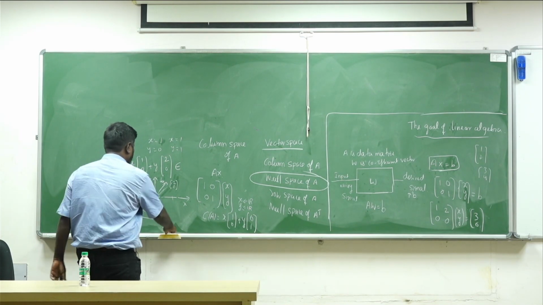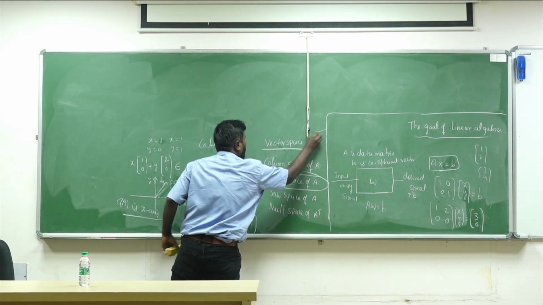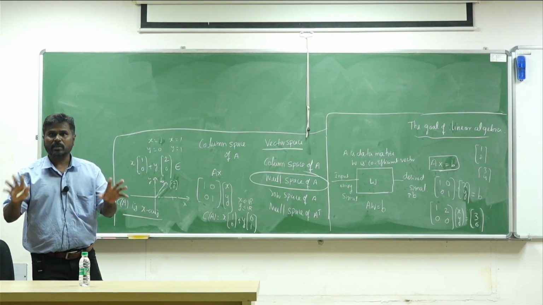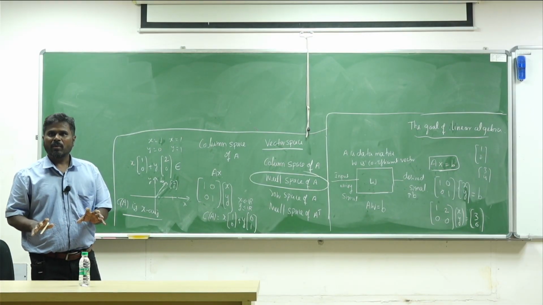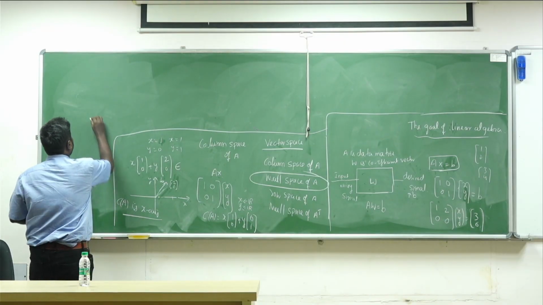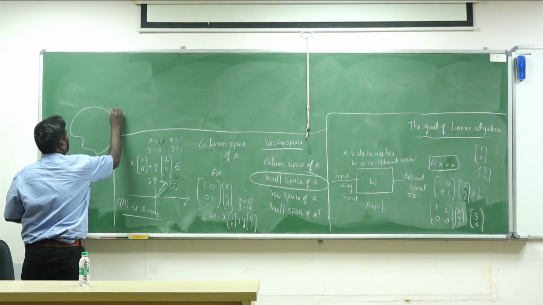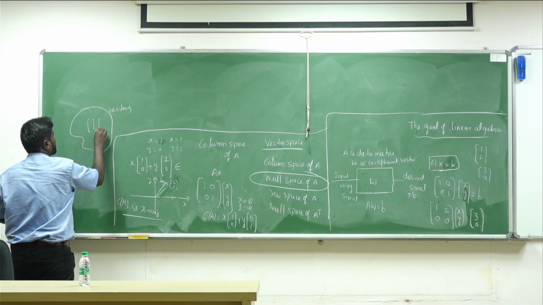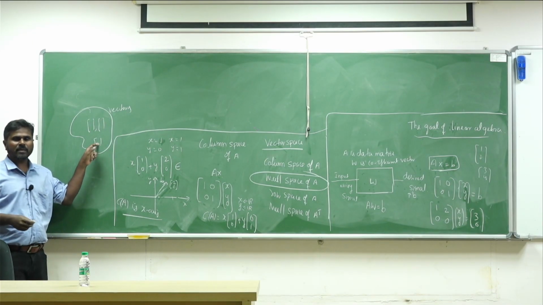What do you mean by null space of A? Null space consists of a bunch of vectors. What are these vectors?